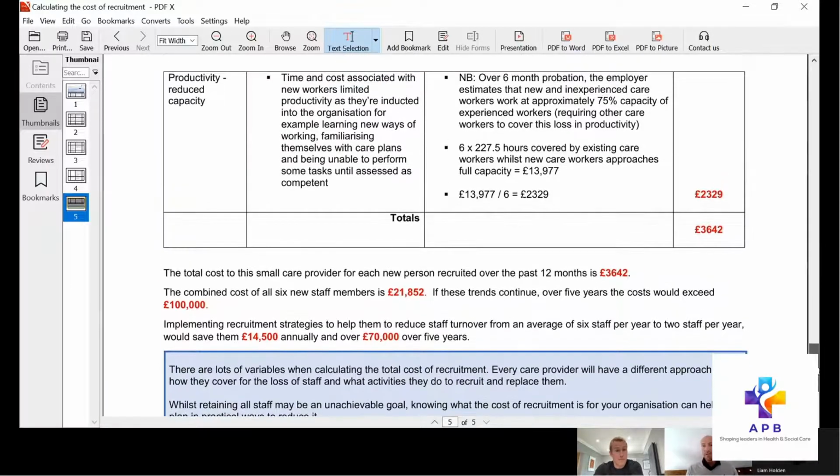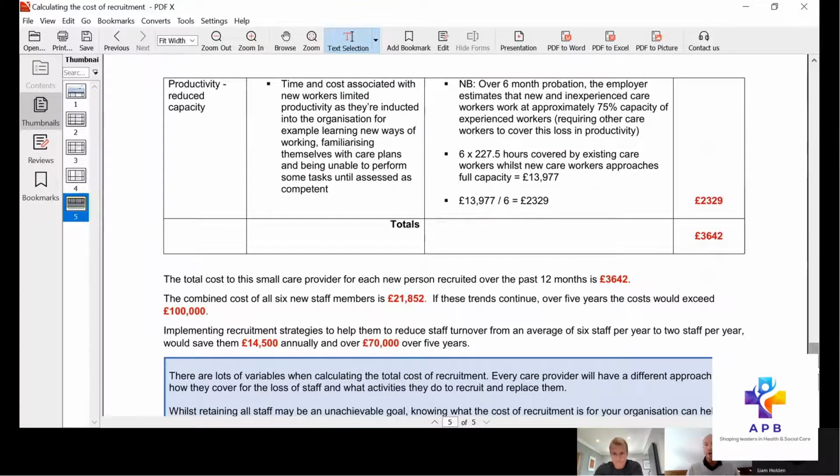Now, per person, the largest contributor you can see there is this 2,329, and where that's coming from is the amount of hours that existing staff are having to do whilst the new person is on probation, because they've said here that they approximate that the new candidate is only operating at 75% capacity.